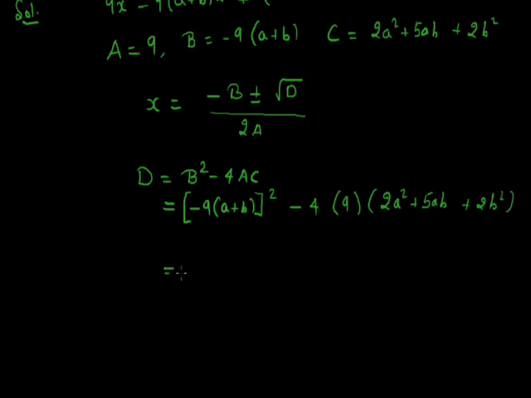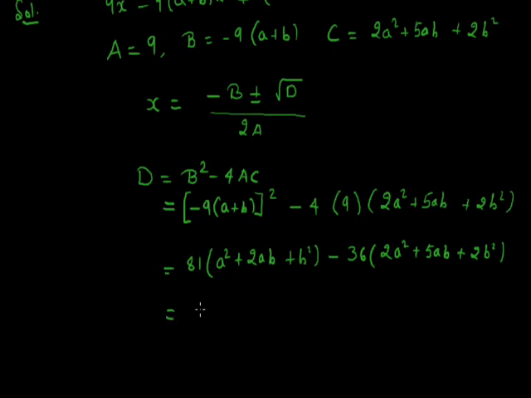So this is equal to minus 9 whole square is 81. So 81 a plus b square is a square plus twice ab plus b square. And here 4 multiplied by 9 is 36. So 36 multiplied by twice a square plus 5ab plus twice b square.